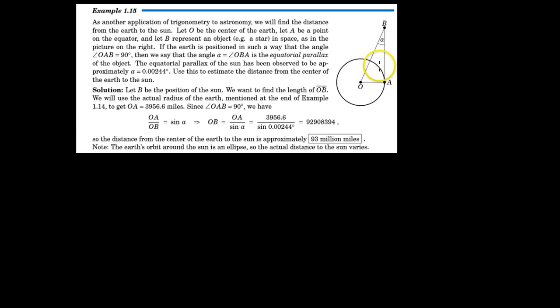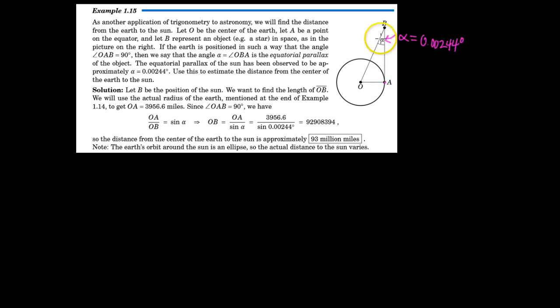It talks about in astronomy, we'll find the distance from the Earth to the Sun, and we're going to use this idea that A is a point right here, and basically BA is tangent to the Earth, meaning that it's just touching at one spot, okay? If we're given this angle right here, alpha, which is the equatorial parallax, so it's given to be 0.00244 degrees, which is a very small angle, right?